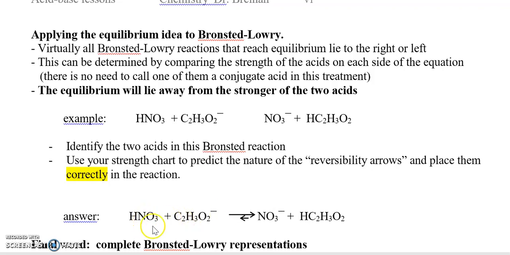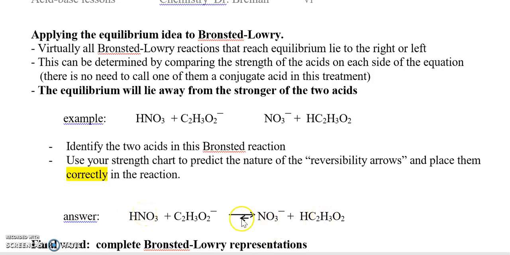So if you read the Ed puzzle solution, a strong acid is a good proton passer. Right? And that means nitric acid is good at passing a proton to acetate to make these products. Right? So that's an example that the forward reaction occurs fairly easily because we've got a good proton passer here.